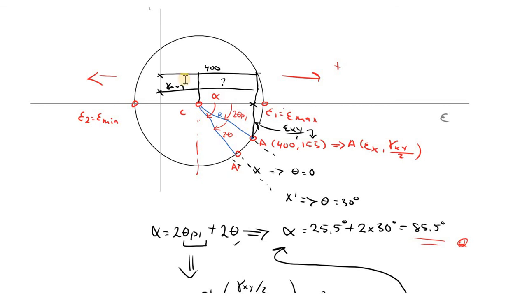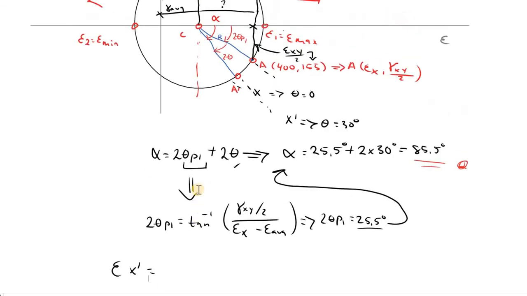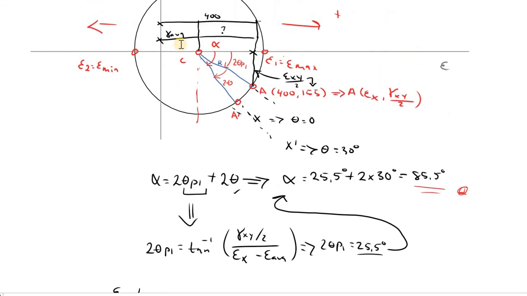If we then go ahead and find the transformed strain in X, again, this can be solved from the Mohr circle. So in here, we're talking about the transformed one, which is this A dash, right? And we're talking about the X-axis. Let me use this green color.